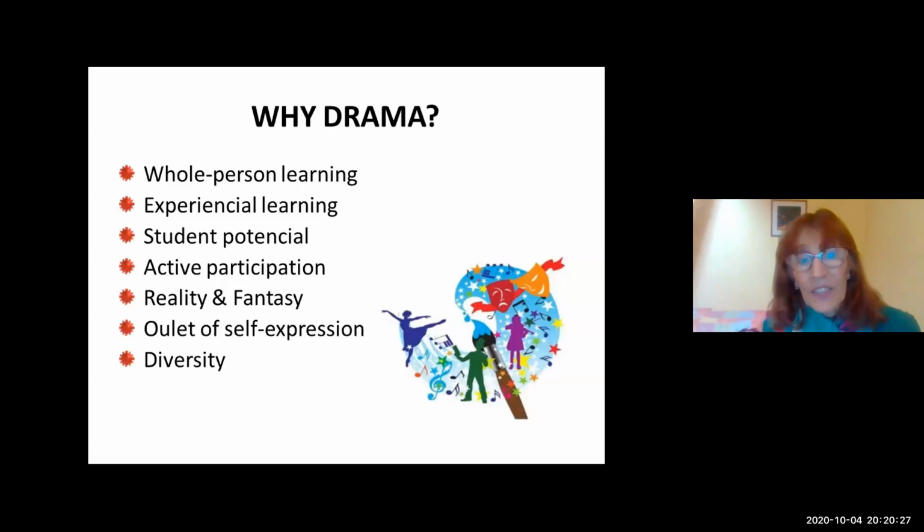It promotes active participation of the students instead of having students who are only receivers of information. It brings reality and fantasy into the classroom so that the students have the possibility of taking on different roles. It is an outlet of self-expression also, because the students can communicate even within limited language. And it favors diversity, and it is a great equalizer.